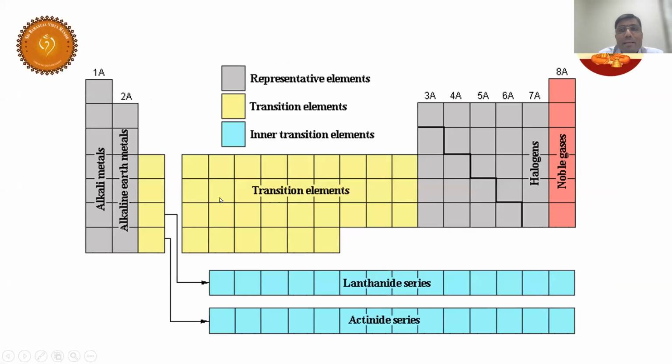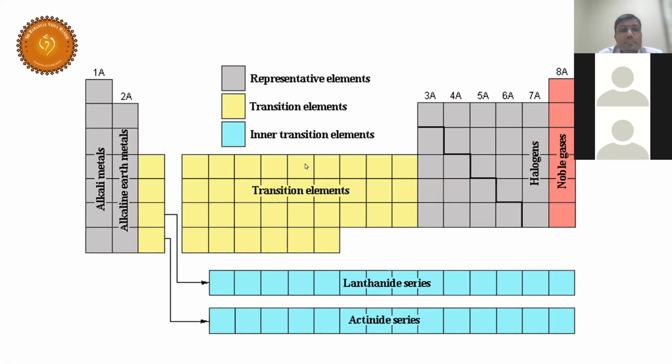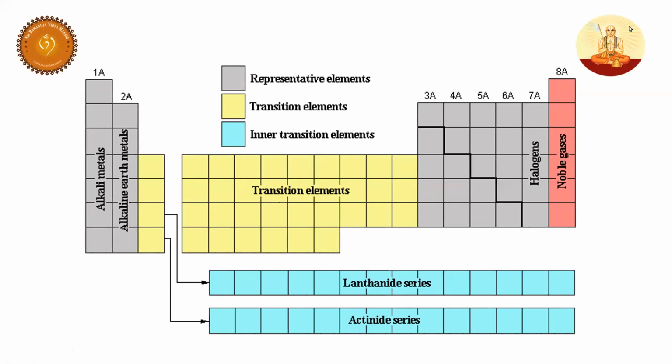You are all aware of the basic structure of the periodic table. It is as follows. Alkali metals and alkaline earth metals come under S block, and you have the P block elements, that is 3A, 4A, 5A, 6A, and 7A.